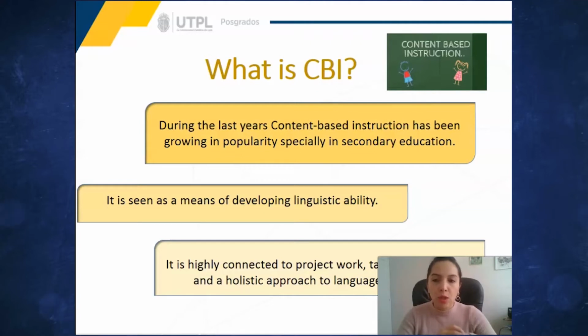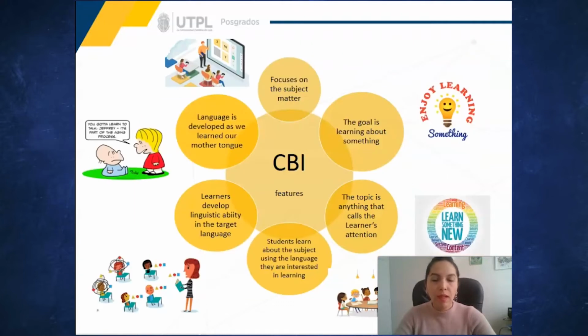So let's start by defining what CBI is. CBI stands for Content-Based Instruction, which is seen as a means of developing linguistic ability. It is highly connected to project work, task-based learning, and a holistic approach to language instruction. A CBI lesson focuses on the subject matter, and the student's goal lies in learning about something.